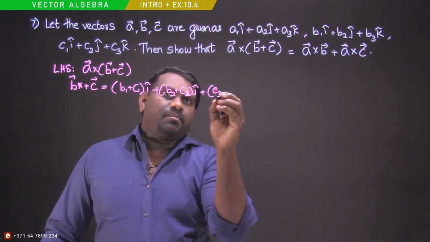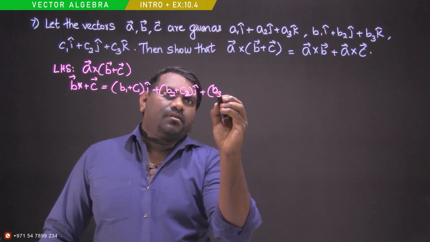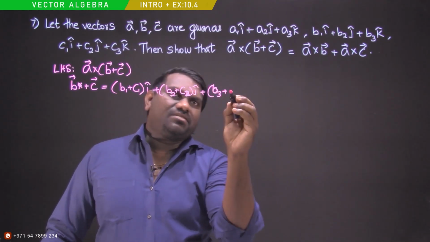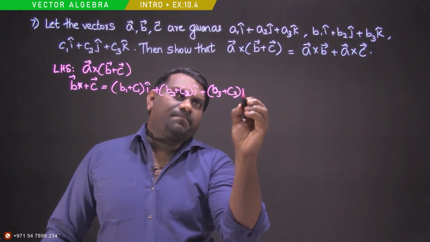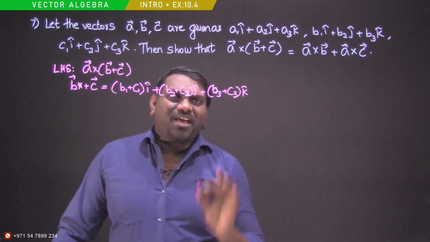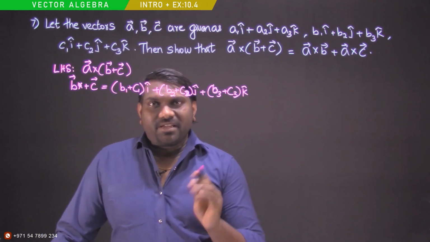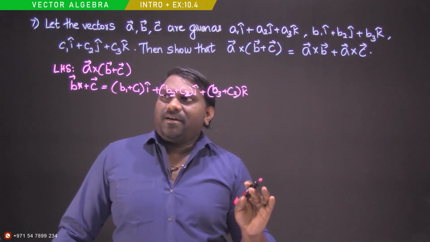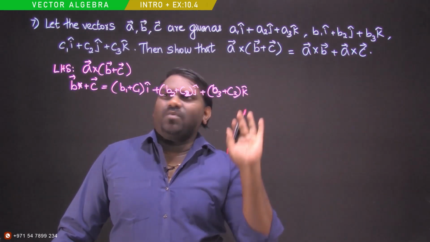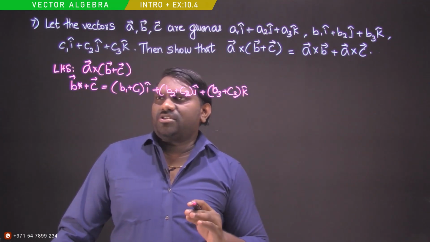Then B3 plus C3. Even I just went wrong somewhere over here, so just be careful with that. When you are careful, you will get it for sure. At the end, just see whether left hand side is equal to right hand side. So this is what I have for B vector plus C vector.